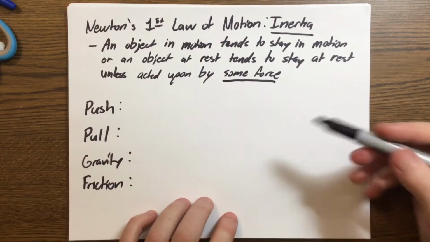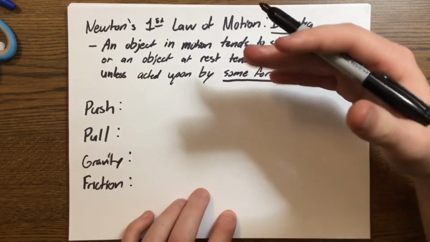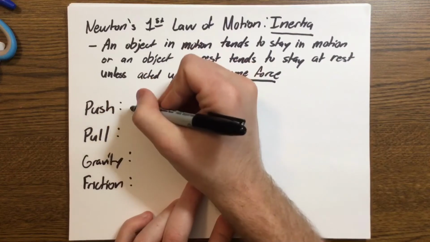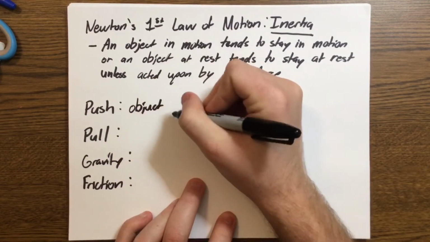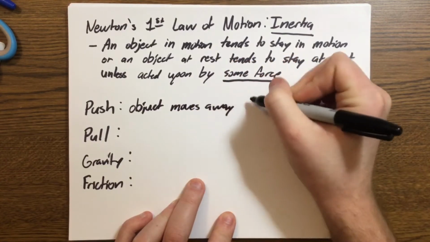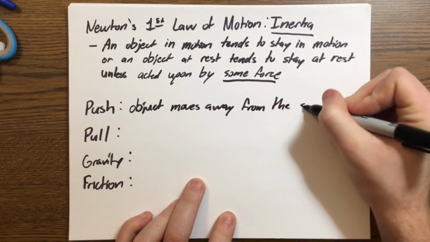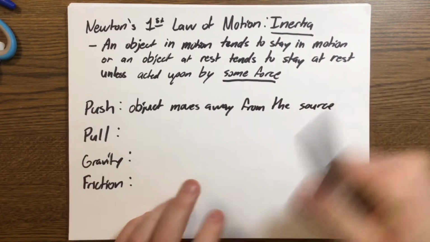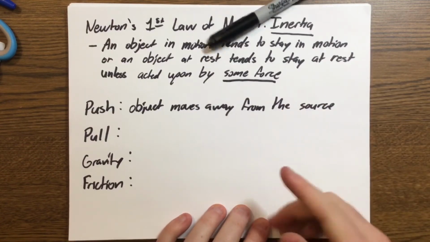So, push and pull, these are our driving forces. These give the motion. Push, an object moves away from the source. So I got my marker, I push it, it moves away from me.